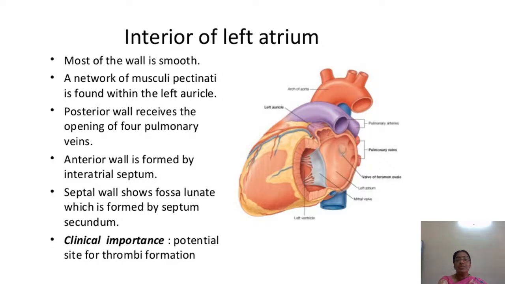A network of musculi pectinati, which you have seen in the right atrium also, is found within the left auricle.